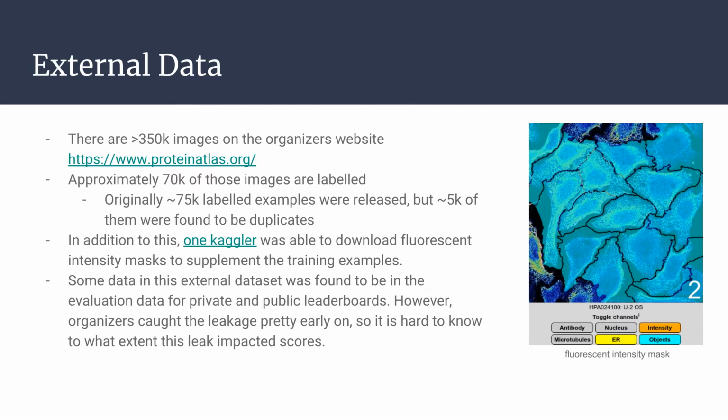So there are about 70,000 useful images that people found at the end of that. And to actually use those, you had to do a little bit of processing beforehand because they weren't presented in quite the same format as they were for the competition. But nonetheless, that represented a significant increase in terms of the amount of training data that was available for people. And this was something we only actually found out about after the competition.